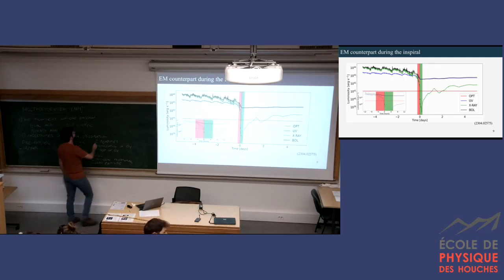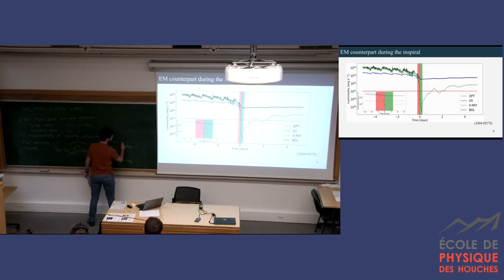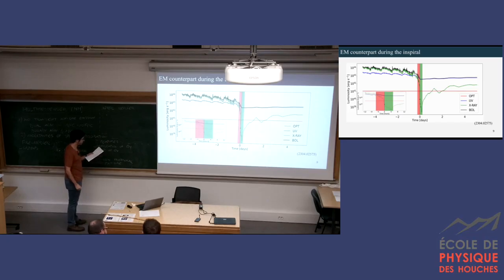So if you go after merger, the situation is slightly different. After merger, we typically have the following scenario. You have a remnant black hole that is sitting at the center of its circumbinary disk. And here you have two scenarios.